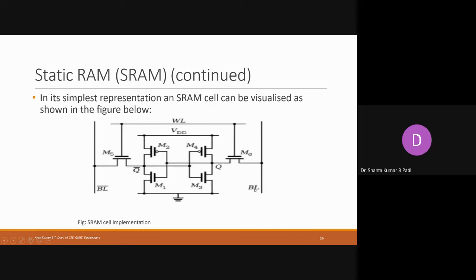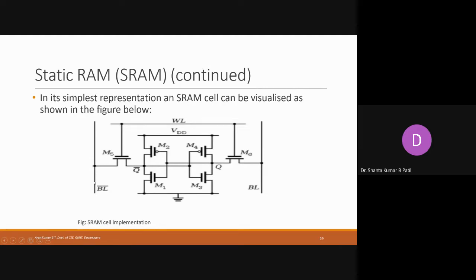With only one tire it is very difficult to drive. That is why a vehicle has a front wheel and a back wheel. Here also, to make this memory cell stable, two data lines are used: one is BL and the other is BL complement. If the signal on this is 1, the signal on the other is 0.